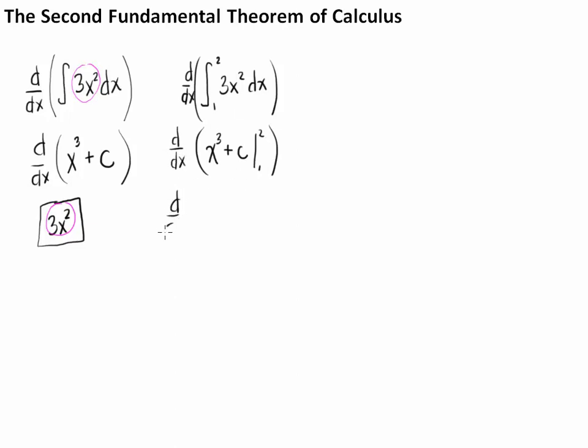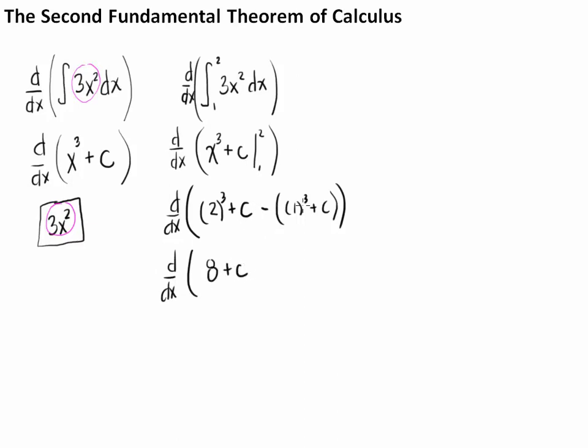So I'm going to have the derivative of x cubed. Well, I'm going to plug in 2, so this is going to be 2 cubed plus c, minus, plug in 1, 1 cubed plus c. Let's simplify that up a little bit. We get 2 cubed is 8 plus c.